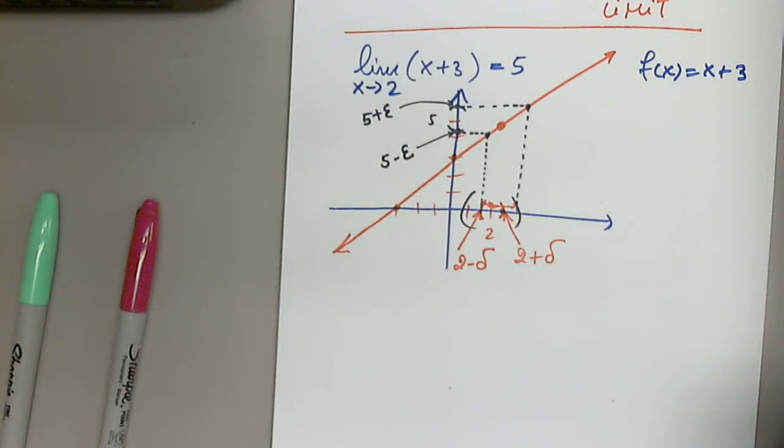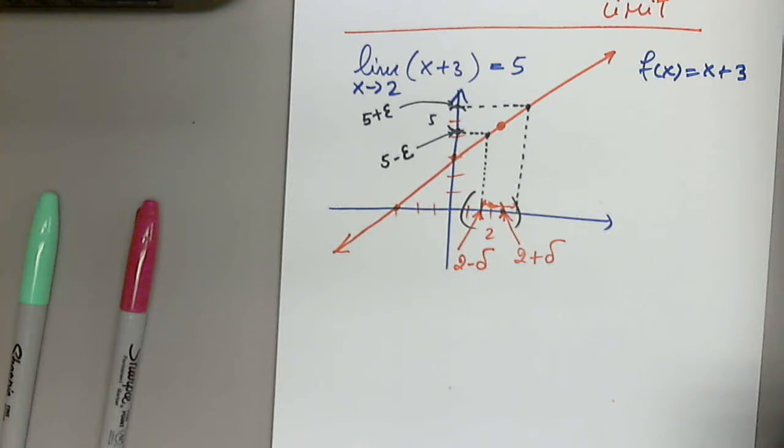However, I'm not going to choose the wider of the two. Here is why. If I choose the wider of the two, what about this x? For this x, the f of x will not fall within epsilon away from 5. That's the problem with the larger interval. So if I use the smaller interval, any x I pick in here, let's say this x, I cannot pick 2. Can I pick 2? Because x approaches 2.